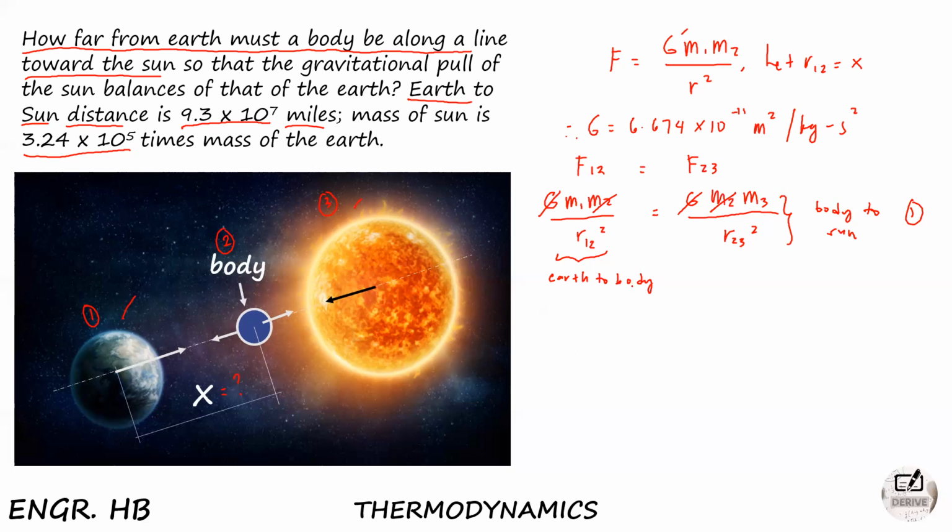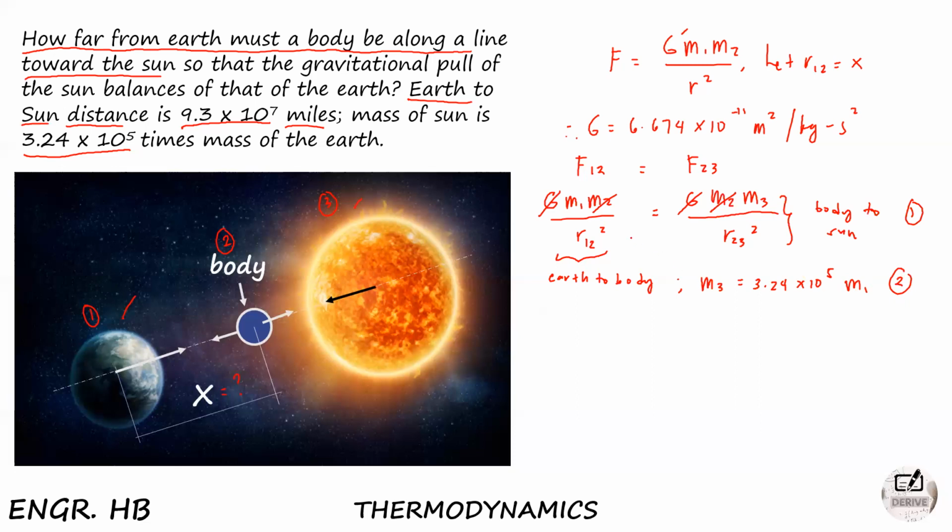Ang sabi, the mass of the Sun, sabihin na natin mass of the Sun, that is M3, is equal to 3.24 times 10 raised to 5 times ng mass of the Earth, which is M1, kasi nga siya yung number 1 dito. Okay, so that will become our equation 2.